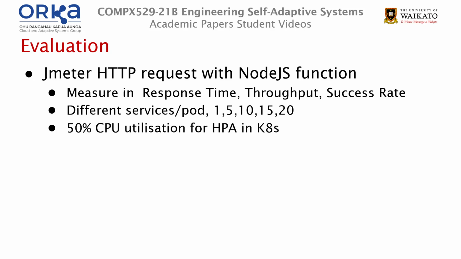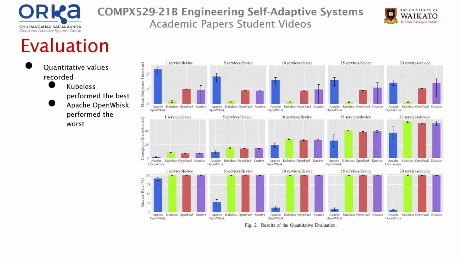Also, they set up 50% CPU utilization as the metric for the auto-scaling basis, so the Kubernetes HPA will automatically create a new pod to cope with the requests. All the quantitative results have been generated into bar charts for measuring purposes.